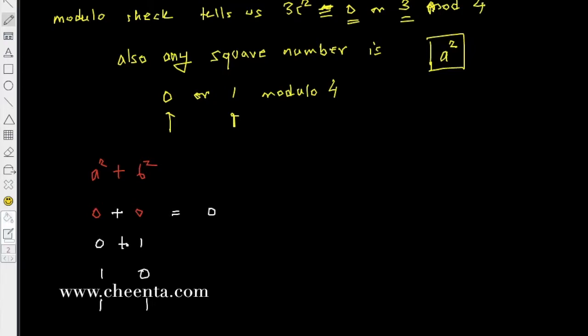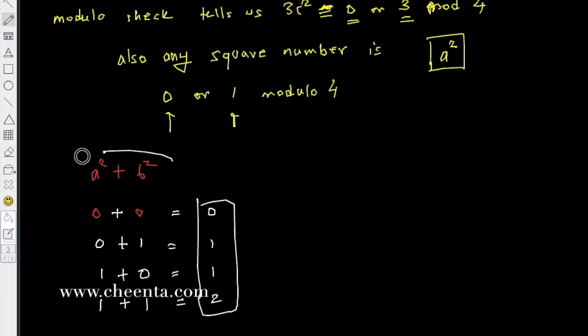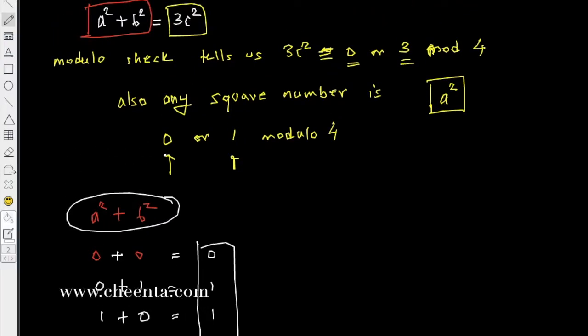If one of them gives 1 as remainder, then we get 1 as their sum. And if both of them give 1 as remainder, then 2 is the sum of the remainders. So we have these four possibilities. So the left hand side, a squared plus b squared, can give these four values, 0, 1, 1 and 2 as remainders.